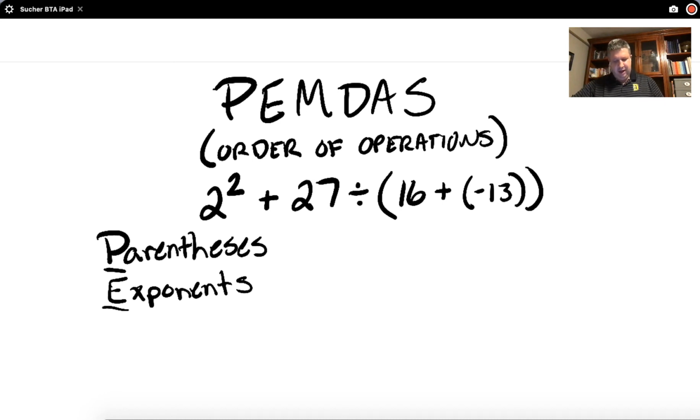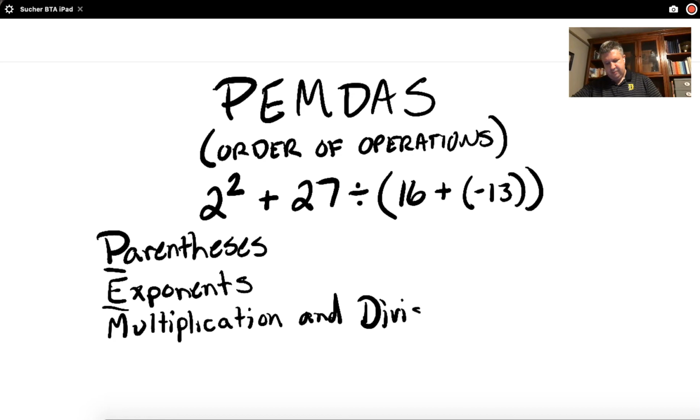And then we have M and D for multiplication and division. So the M and the D actually carry equal weight in PEMDAS, so they're at the same time together. And the way you would choose the order is that you always go from left to right.